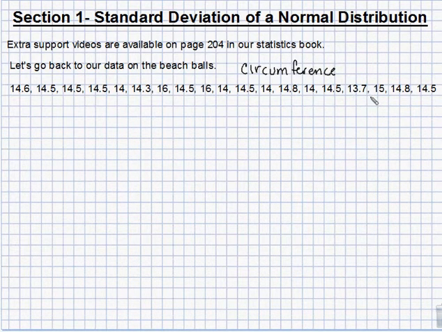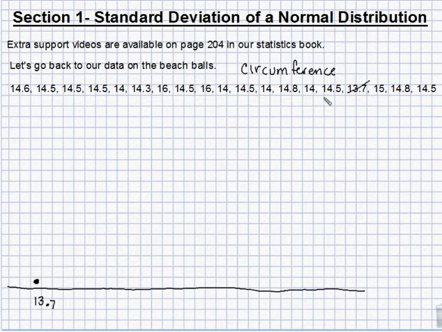So 13.7 is my smallest, and we have one of those. Okay, and then I had 14. So I have 1, 2, 3, 4 14s.